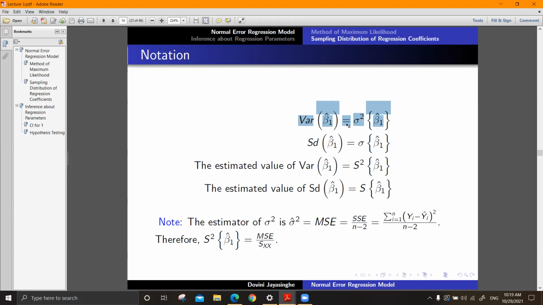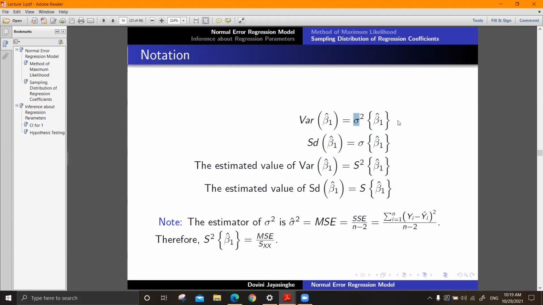If you want to estimate this entire thing, that is VAR beta 1 hat, the entire thing you put a hat. That is the meaning. If we are going to estimate this particular variance, then you are using this notation, right? Because this is a parameter. You don't know parameters, population parameters. You have to estimate this somehow.